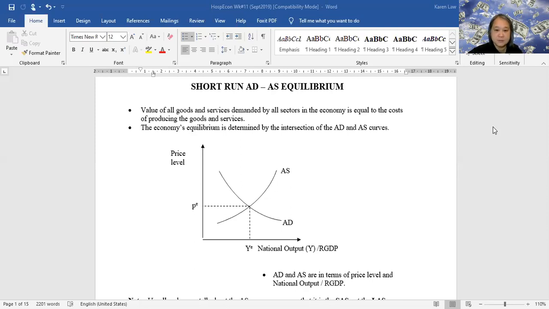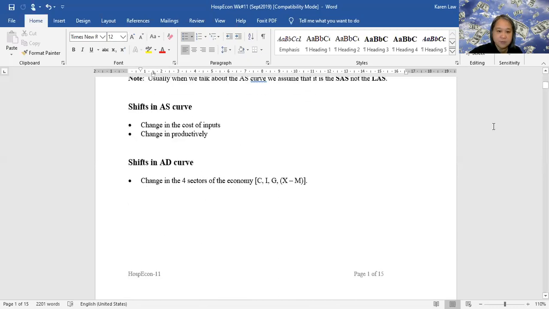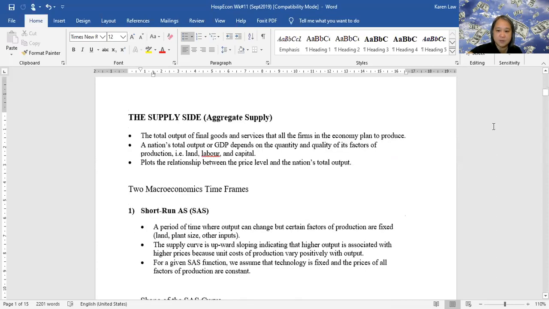So let's just move on to the things that will shift our supply curve or our demand curve. We're going to start with our supply curve first, because in macro, we're not going to be dealing with much of the supply side as the demand side, at least not in this course.